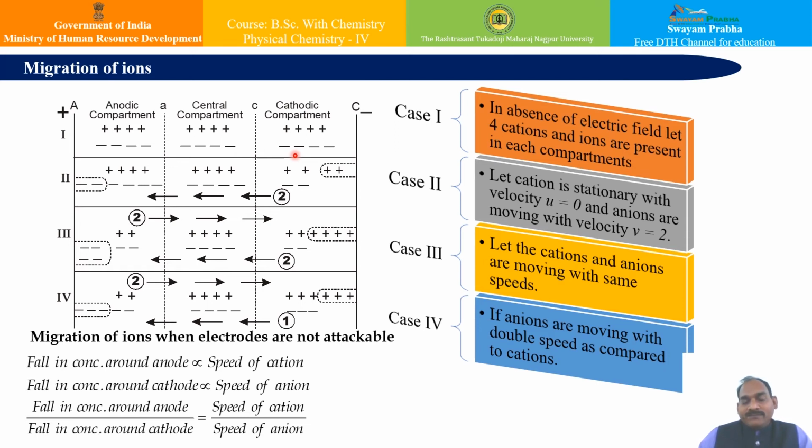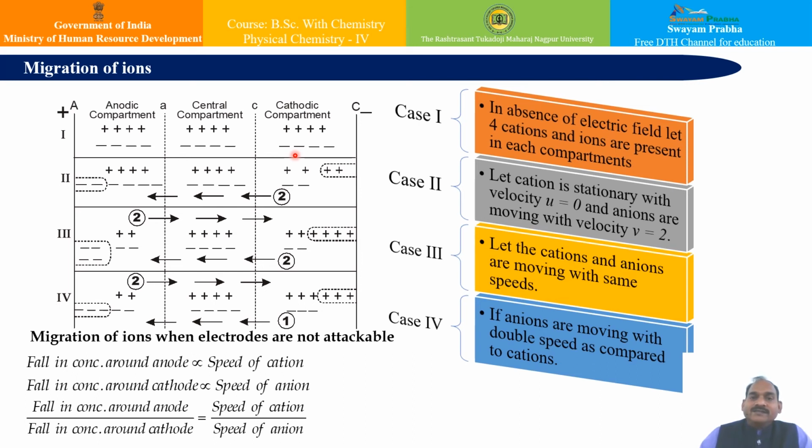Say for example, if I consider magnesium sulfate, the magnesium ions carry about 38% fraction of the total current, whereas the sulfate ions carry the rest, that is 62%.